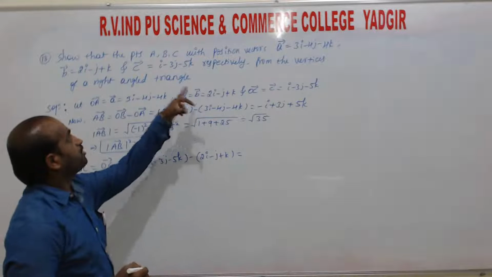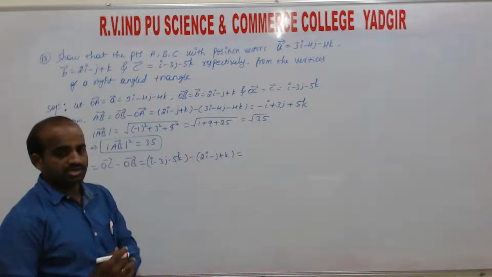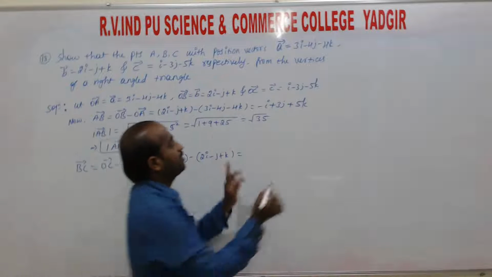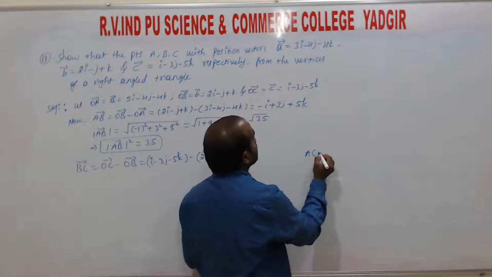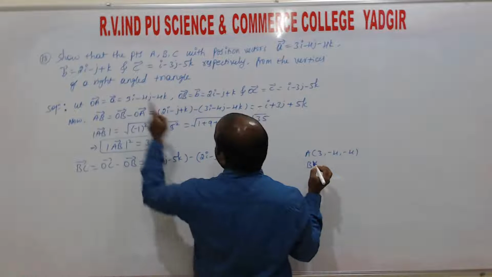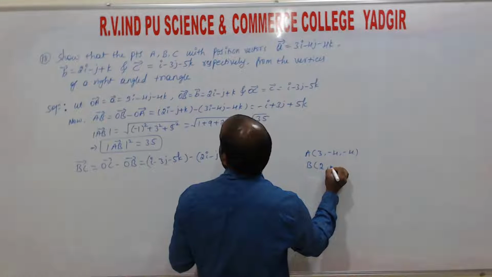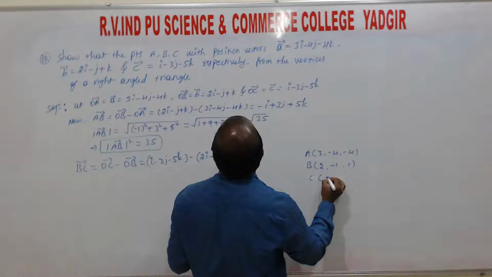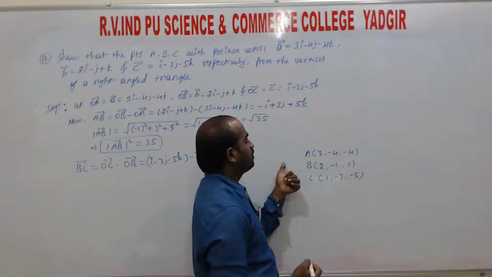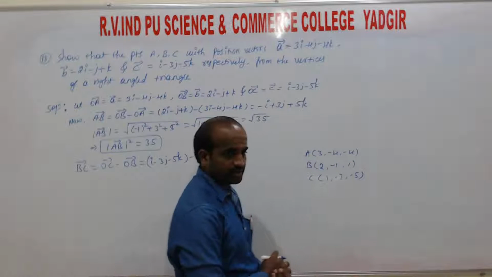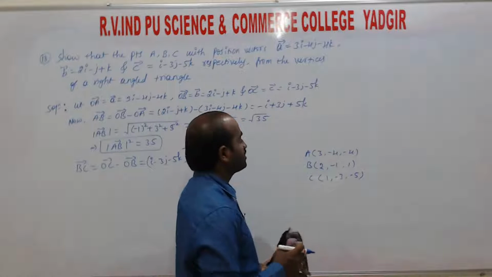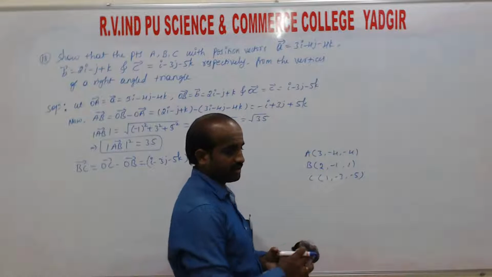Already we have mentioned the position vectors OA, OB, OC; now I mention only the points A, B. For example, for point A the position vector is A. A point is (3, -4, -4), B point is (2, -1, 1), C point is (1, -3, -5). Converting to position vectors, 3i minus 4j minus 4k. Or mention these points A, B, C using the vector method. Then show that it is a right angle triangle.